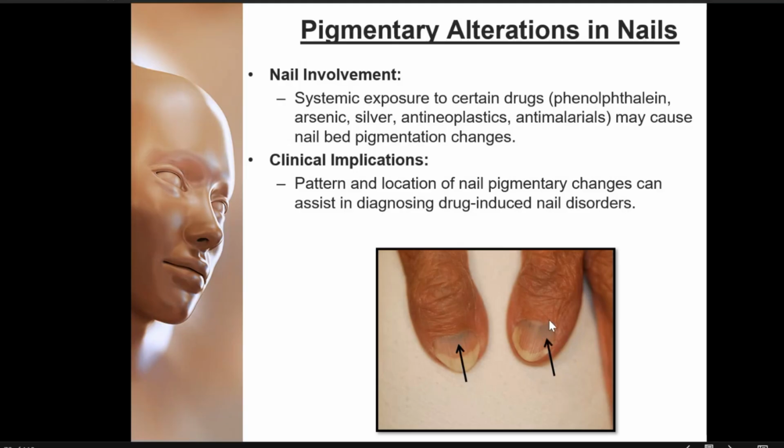This may be due to some exposure to some compound. Clinical signs like the pattern and location of the nail pigmentary changes can assist in diagnosing the drug-induced nail disorder. So you have to see the lesion in the nail and the location of these pigmentary changes to identify and differentiate from other diseases.